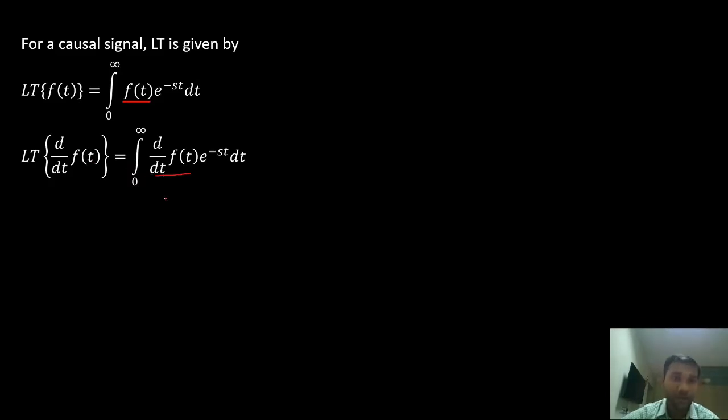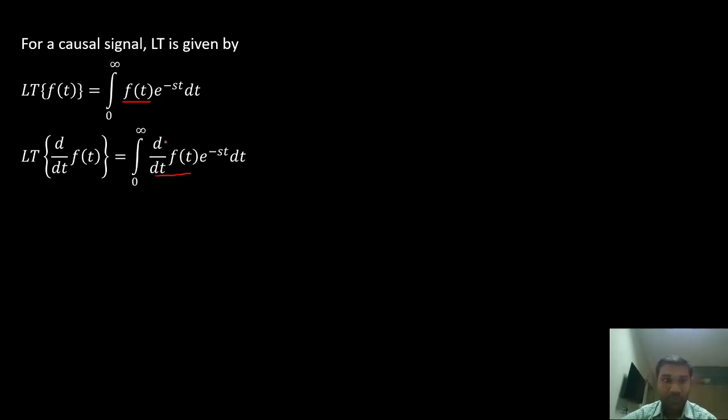For a causal signal, the Laplace transform is going to have, instead of minus infinity in the lower limit, 0. So I'll take Laplace transform of d by dt of f of t. That means in place of f of t, I am substituting d by dt of f of t.